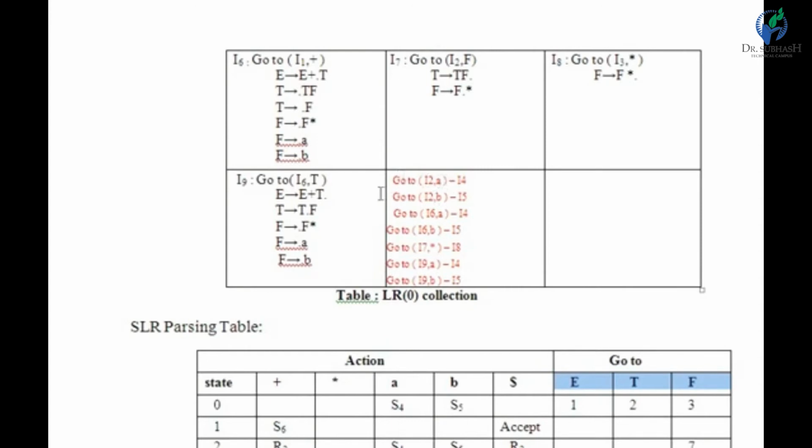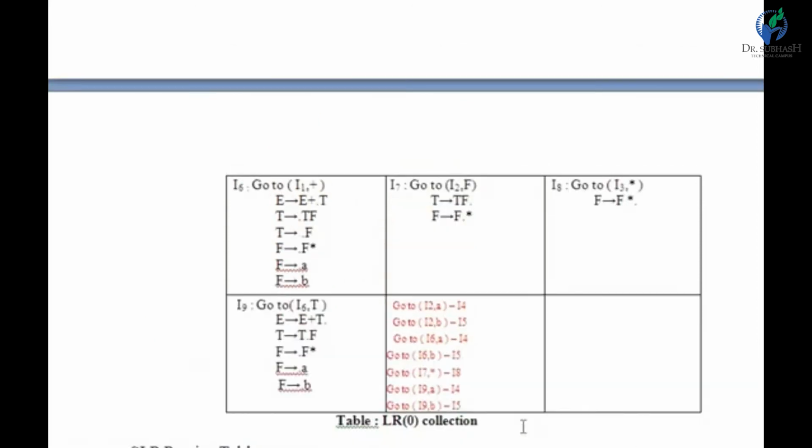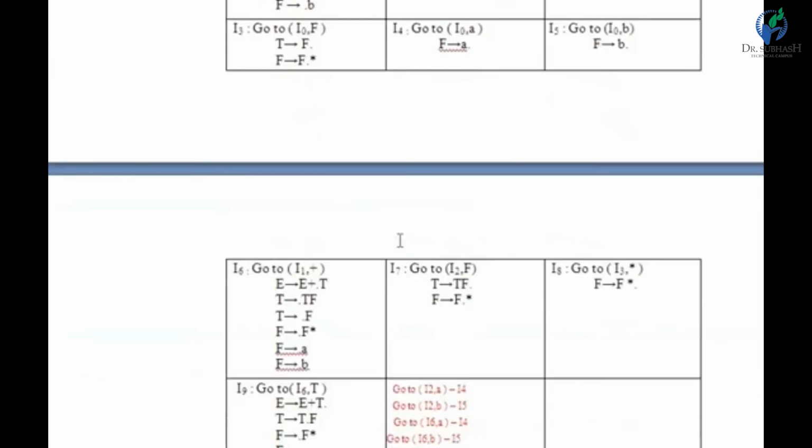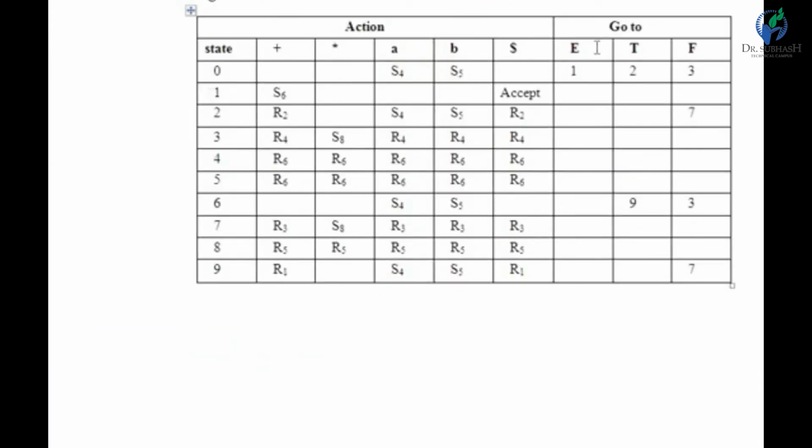Always write accept from state 1 on $, because it's an augmented grammar. So in the first state you find this production, and your parsing string will be accepted. So always put accept from state 1 and input symbol $.